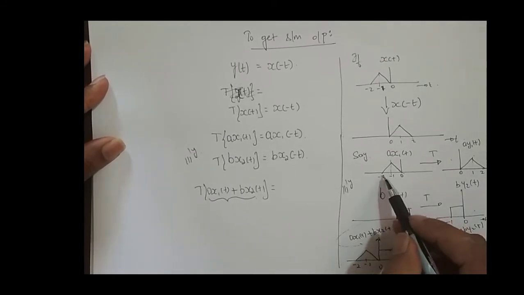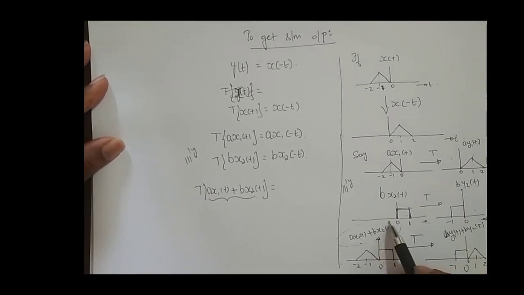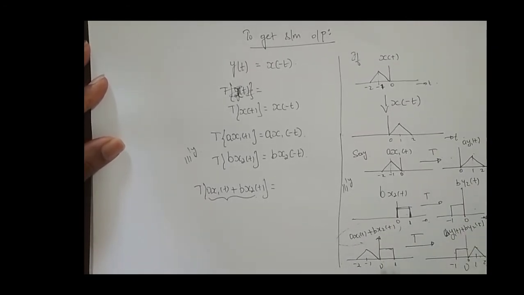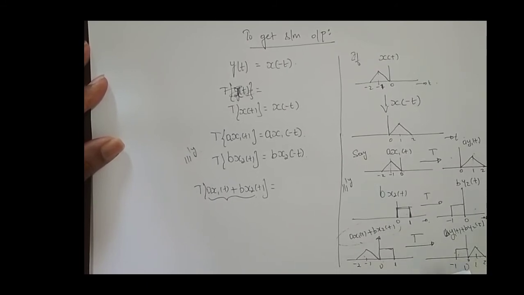If I feed this signal, I get the time reversed of this. If I feed this signal, I get the time reversed of this. Now if I feed the combination of these signals, I should get the time reversed of this. So is it the time reversed of this? All the positive amplitude goes to negative, all the negative amplitude goes to positive, right? Correct now?